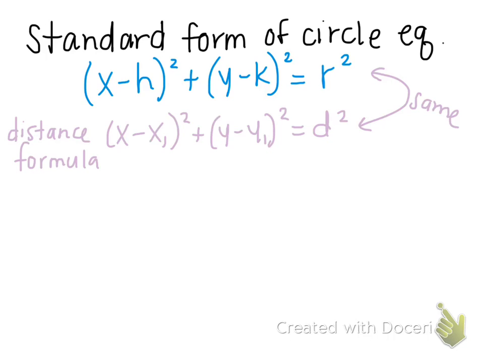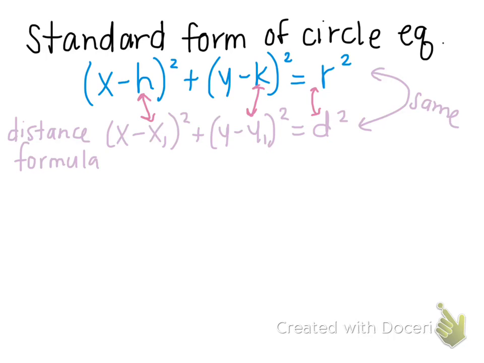The only difference is that our x1 is going to be the x-coordinate of the center, y1 is going to be the y-coordinate of the center, and that distance is the radius. And the reason this works is because the radius, no matter where you go along the outside of the circle, is the same distance from the center. Okay, so that's just a little background information for where this equation came from.